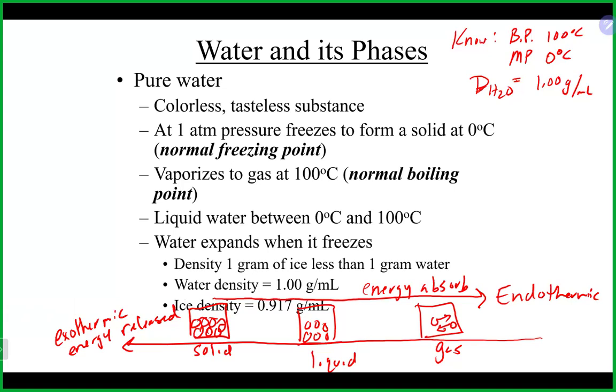And one of the interesting properties of water in terms of density is, as you can see there, the density of ice is actually less than the density of liquid water. That's a very unusual characteristic of water. Most substances in their solid phase are more dense than in their liquid phase.